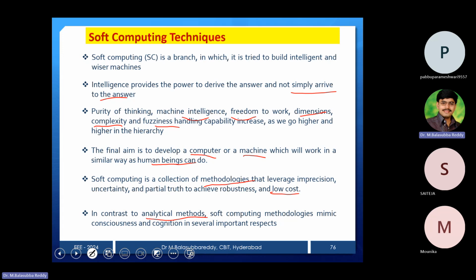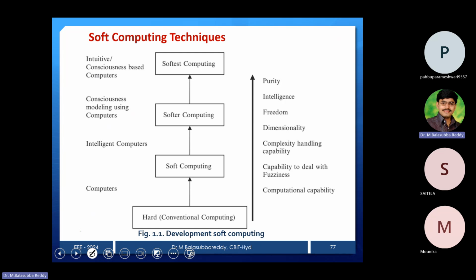In the analytical methods, soft computing methodologies mimic the conscience and the cognition in several important aspects. So we'll see how soft computing evolved. Normally, in the initial stages, there were hard computation techniques, or you can say conventional methods. That may be Newton's method or any normal method, linear programming or non-linear programming, quadratic programming.